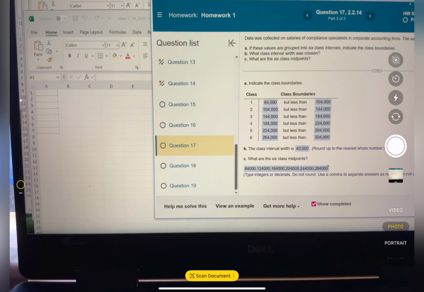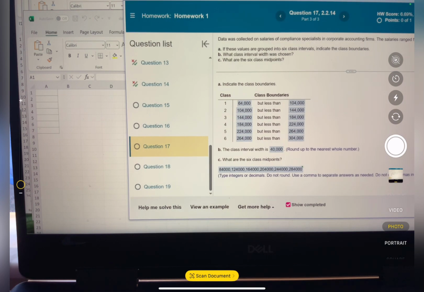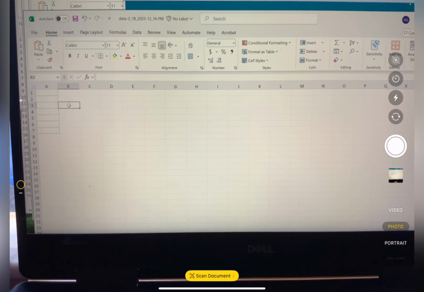The salaries are from 64,000 till 304,000. Okay, 64,000 till 304.